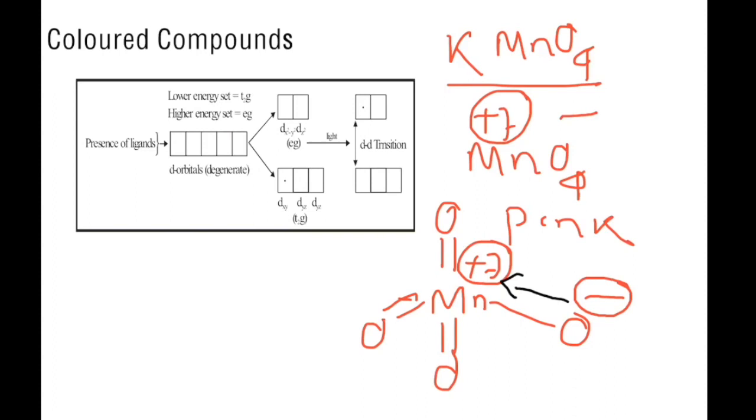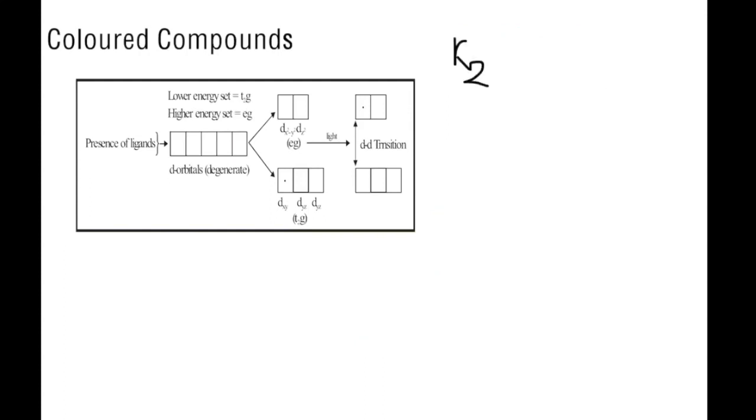Due to polarization of electrons from anion to cation, energy is released and that appears as color. This is known as charge transfer spectrum. Similarly, potassium dichromate, K2Cr2O7, is also colored, mainly due to charge transfer spectrum.